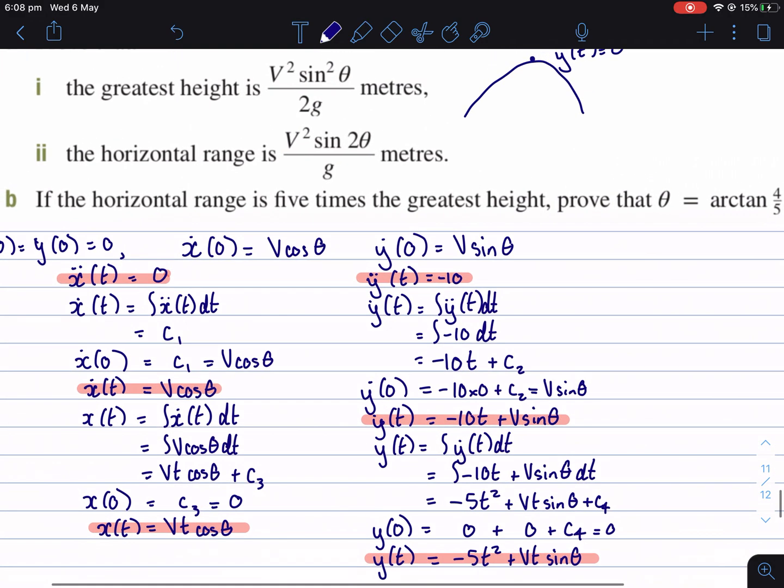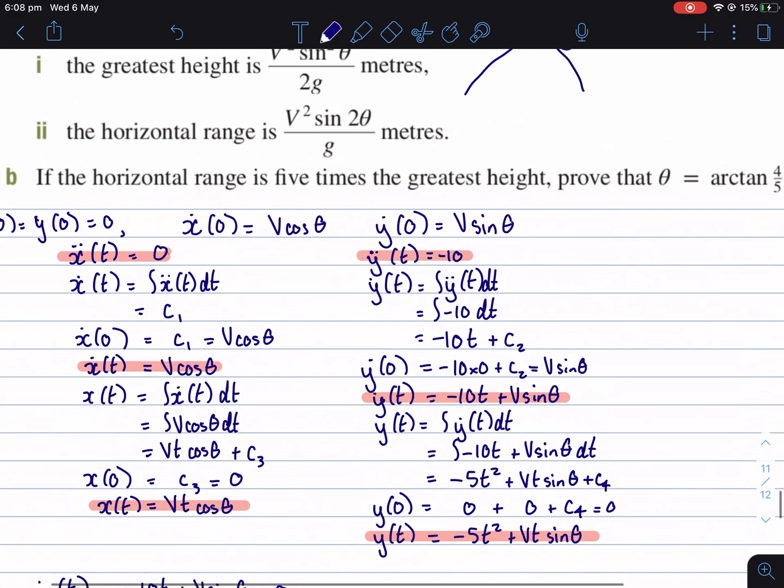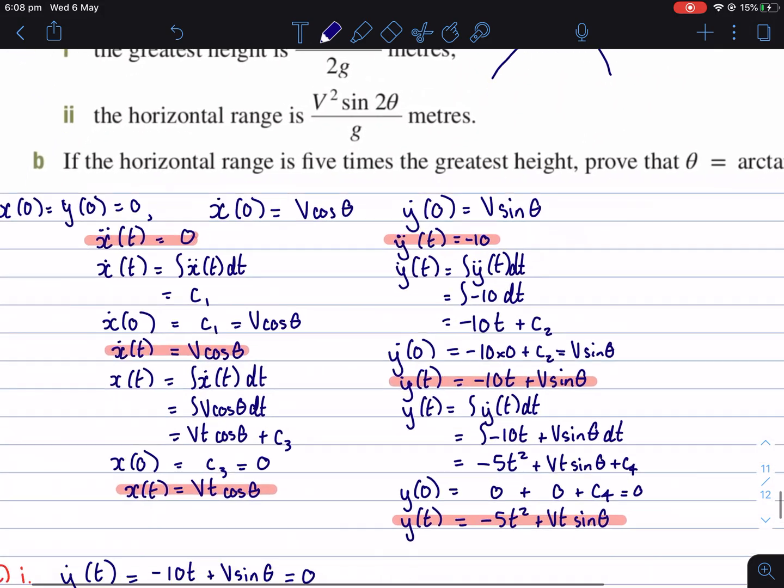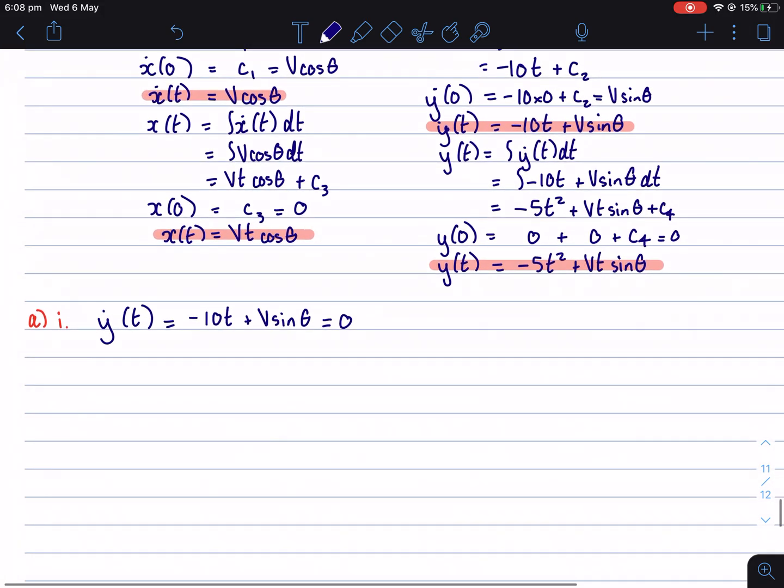So we should be able to rearrange that and get t and then sub that t into y. So that's negative v sin theta over negative 10, so it's v sin theta over 10.